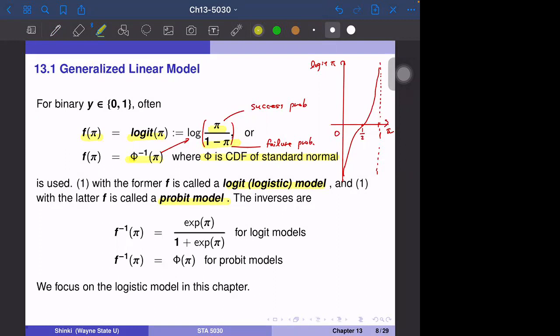Both have an inverse function because f is monotone increasing on (0, 1). For the logit, f inverse of pi is exponential of pi over 1 plus exponential of pi. This is just quick algebra, so you can derive it from here. And for the second one, where f of pi is phi inverse of pi, f inverse of pi is phi of pi. This is for the probit model.